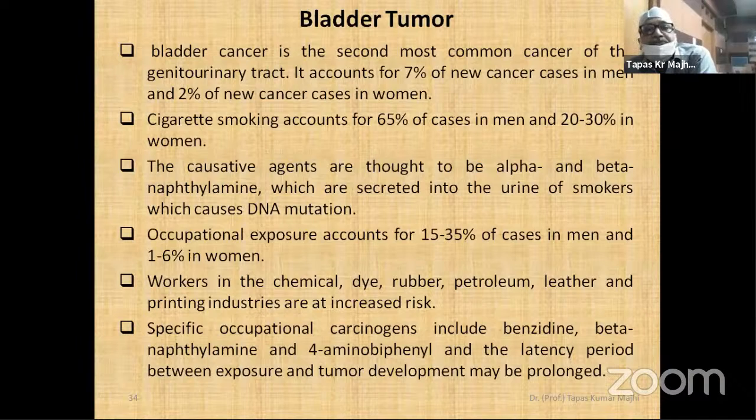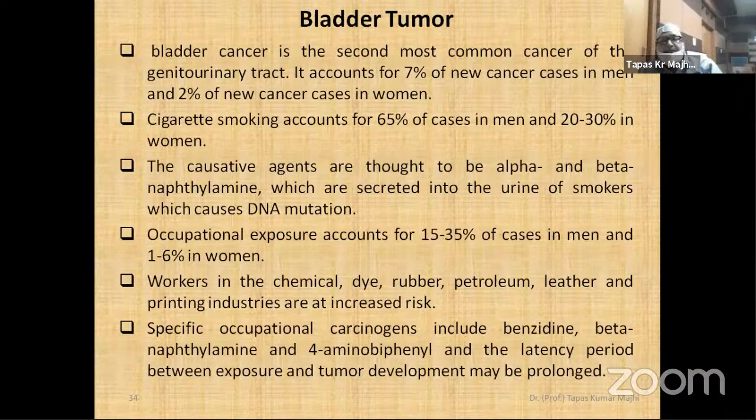Cigarette smoking accounts for 65% of the cases in males, 20 to 30% in women. The causative agents are thought to be alpha and beta naphthylamine, which are secreted in the urine of the smoker and cause DNA mutation. Occupational exposure accounts for 15 to 35% of the cases in men, 1 to 6% in women.